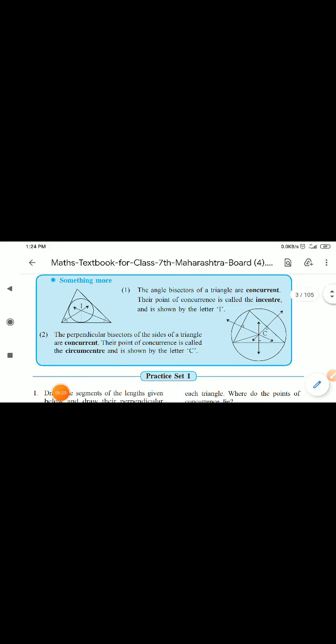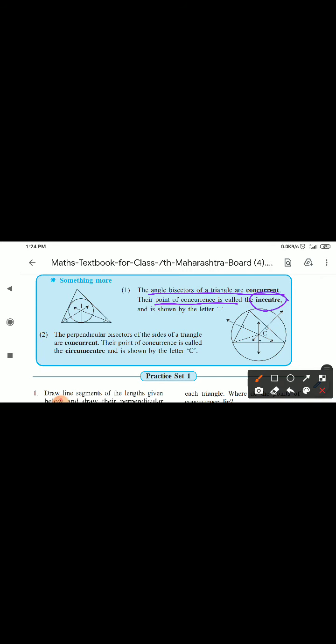Now, from this activity we understood that the angle bisectors of a triangle are concurrent, means they are passing through a single point, and the point of concurrence is called the incenter. And that is equidistant from all the sides of the triangle.